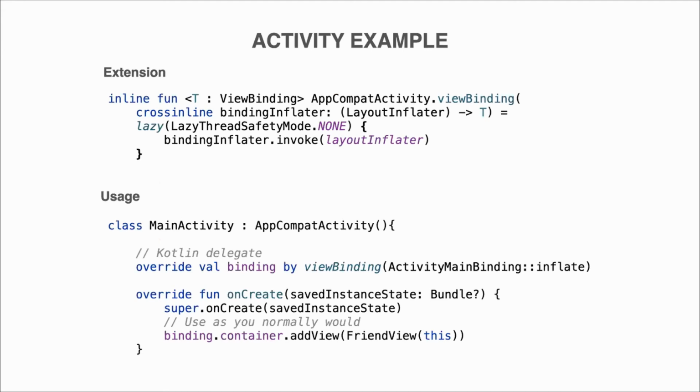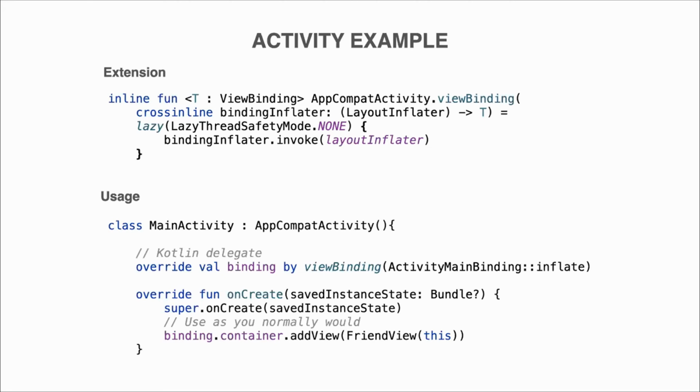So for an activity, we have this extension that takes a function that can inflate, so it has an inflater parameter, and it returns the ViewBinding type for that activity, and does it in a lazy manner. So only when the variable is accessed for the first time will it be initialized, and from then on it will stay the same.